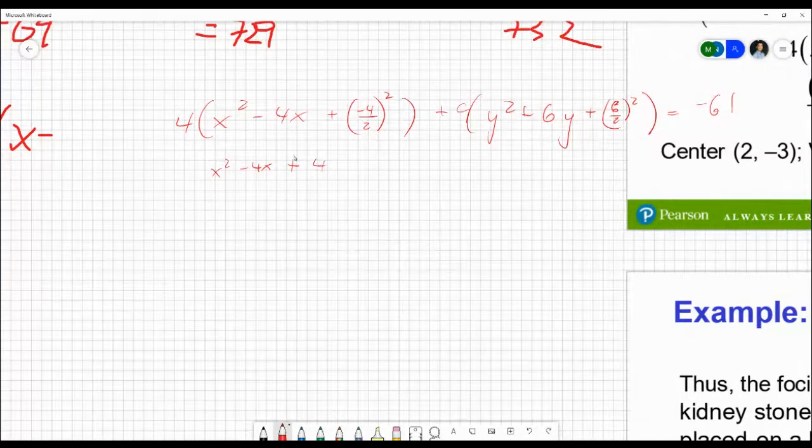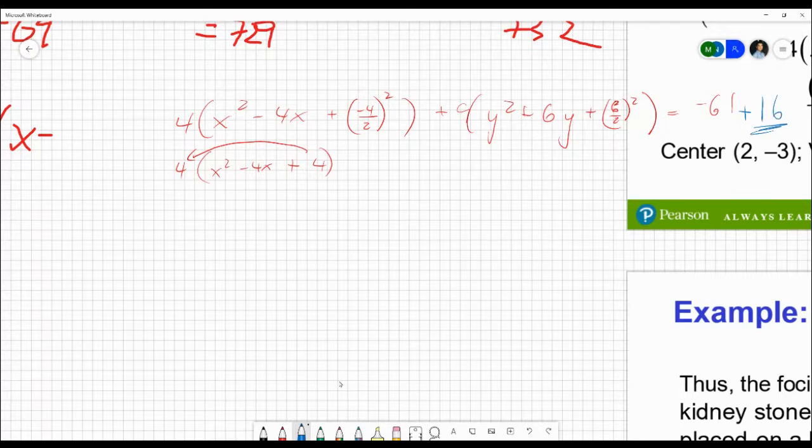So that's why this is always plus here. Now, I didn't actually just add 4. Remember that I factored out this 4 right here, so I have to multiply that. So in reality, I'm actually adding 16 to this left side. So that means I need to add 16 to the other side.